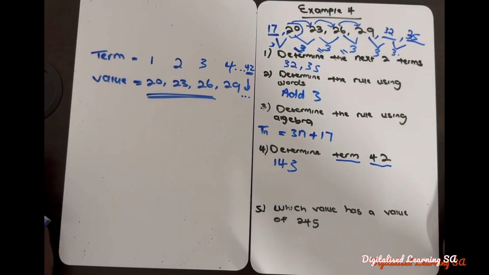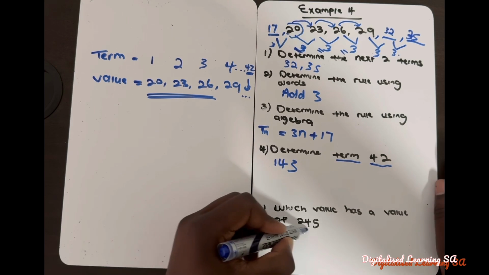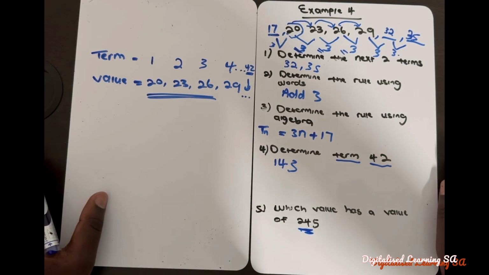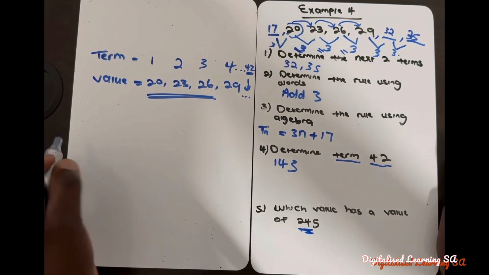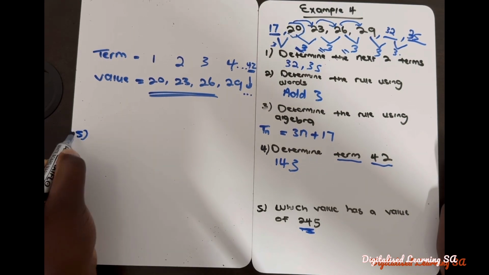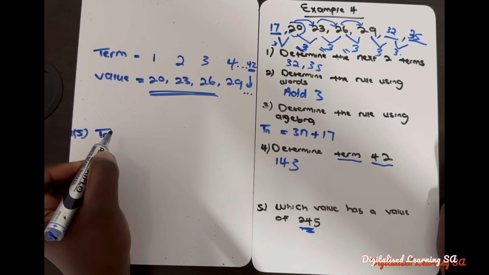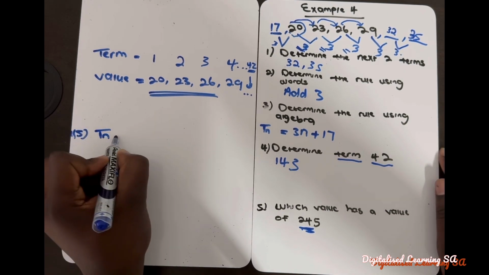And then the next question, or the final question, says which term has a value of 245? And to answer this, we still take our algebraic formula as it is.